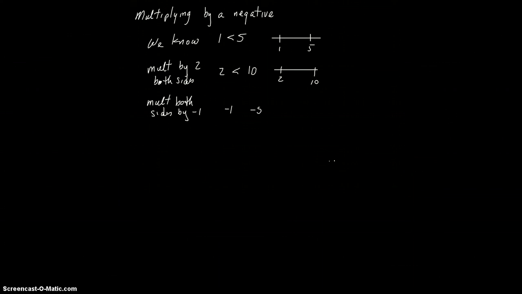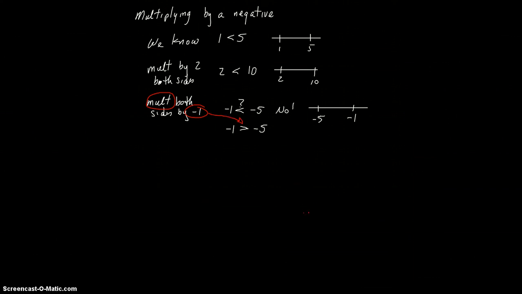Is -1 less than -5? No. Look at it on the number line. -5 is to the left of -1, right? -1 happens to be greater than -5. So the thing to remember is if I multiply by a negative number, it could be -1, -2, -3, what I have to do is reverse the sign.